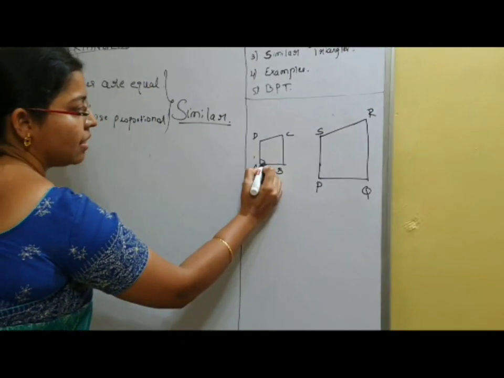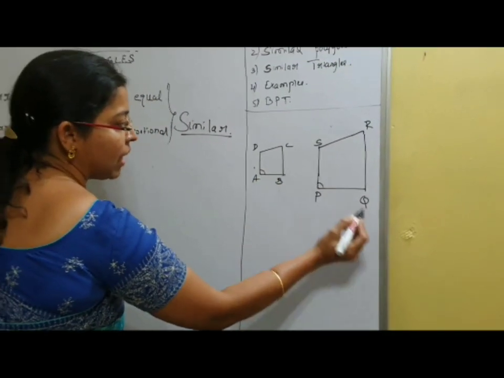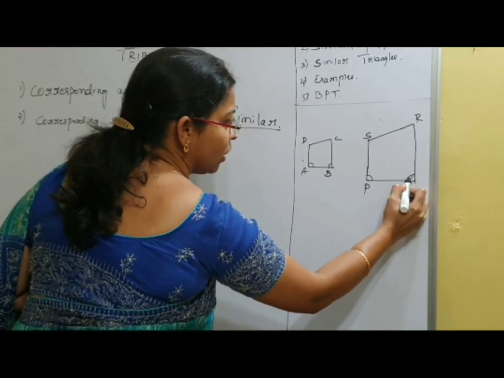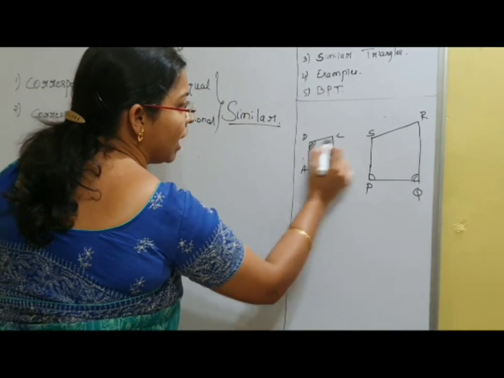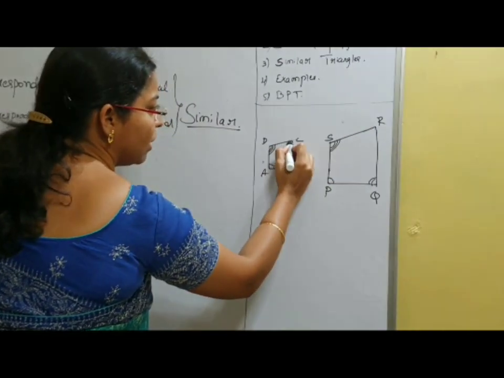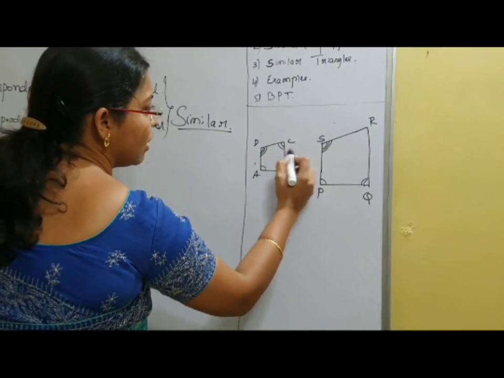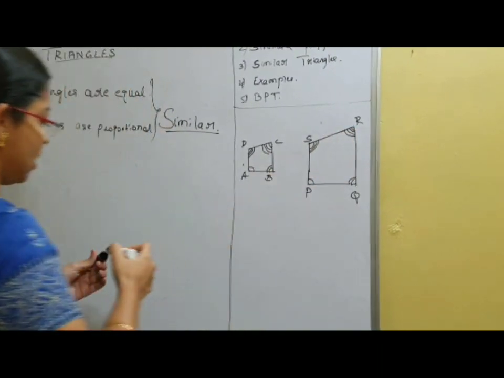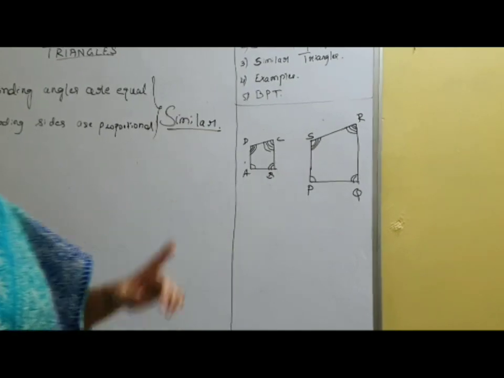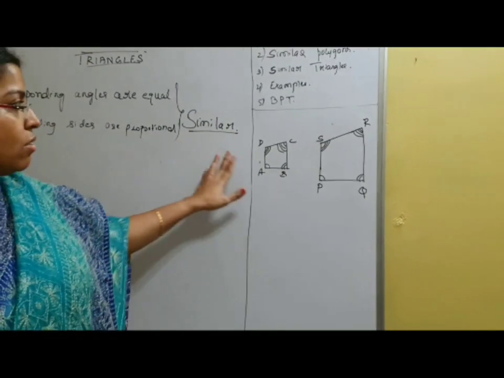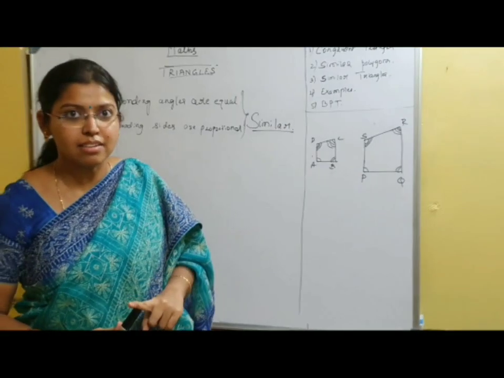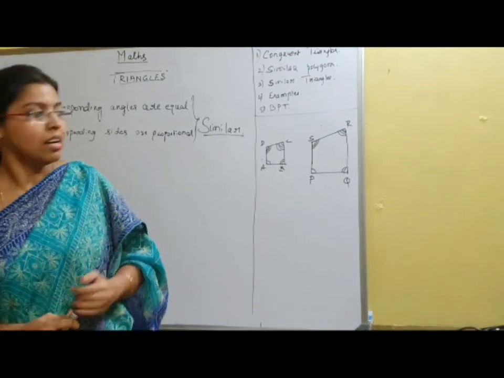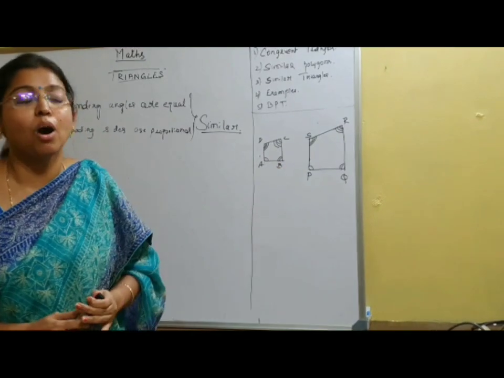Here the angles A and P are equal, B and Q are equal, D and S are equal, C and R are equal. So from these two quadrilaterals, what do we understand? These two quadrilaterals have equal angles but their sides are not equal. But they are similar. How do we say that?